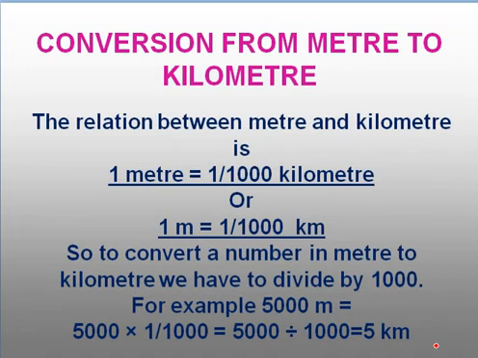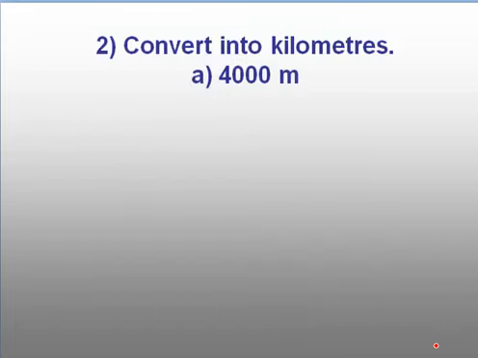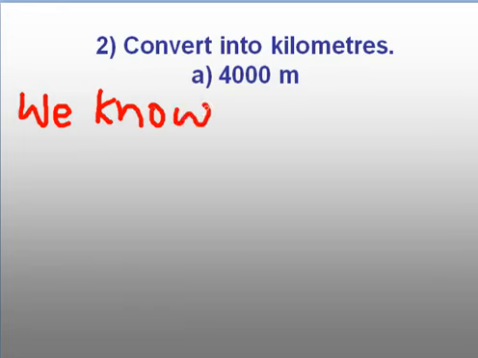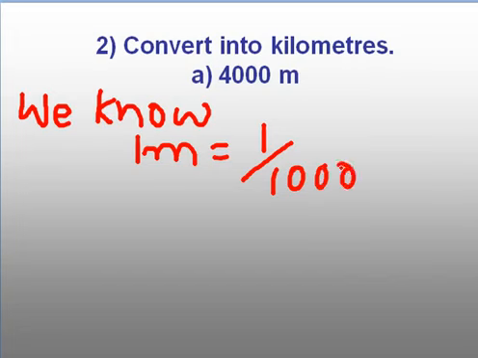Okay, let us do some questions to understand this. Convert into kilometers, and the number given is 4000 meter. You have to convert 4000 meter into kilometers. We can write it as, we know 1 meter is equal to 1 by 1000 kilometer.